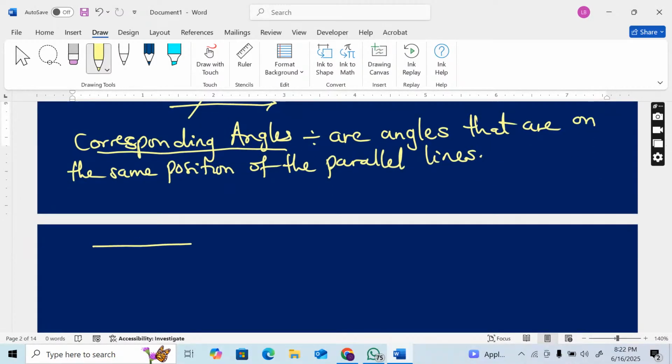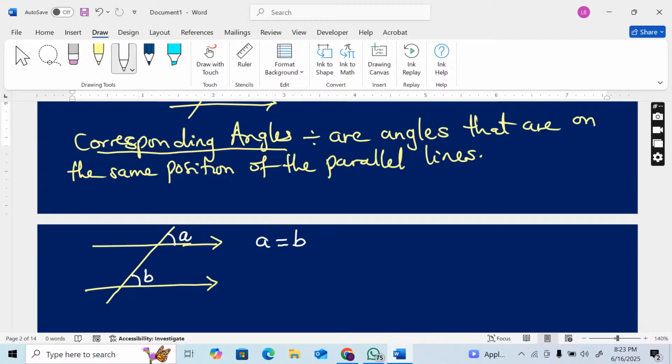Now, you have to draw two lines. Make sure you are writing at Learning Base Academy. All right, then this line crossing the two parallel lines is called the transversal. Now, when you have an angle formed right here, angle A and angle B, angle A and angle B are corresponding angles.